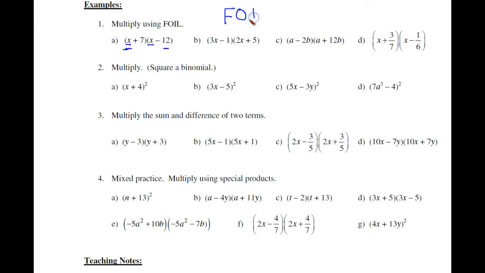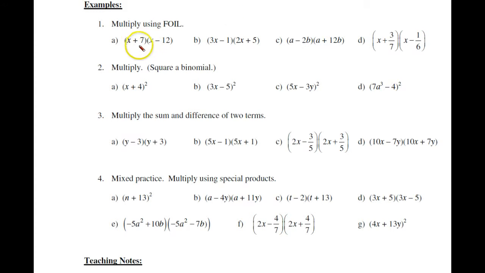The I is for the inners, this one and this one. And then the L is for the last of each of these. And you'll notice that there are like two little lines underneath it indicating that everything has been multiplied. So the FOIL is just a sequence in which you do something, and in this case, multiplying a set of binomials.